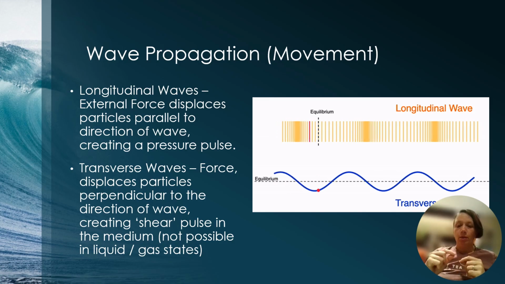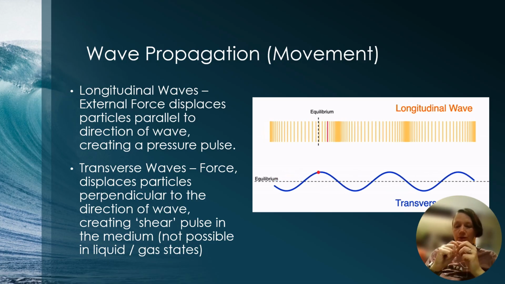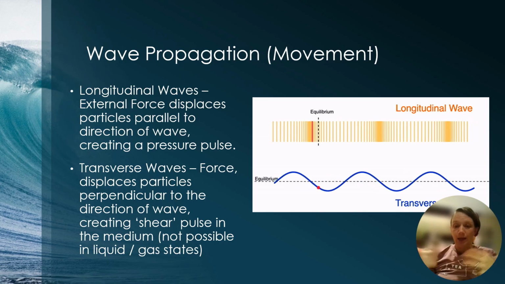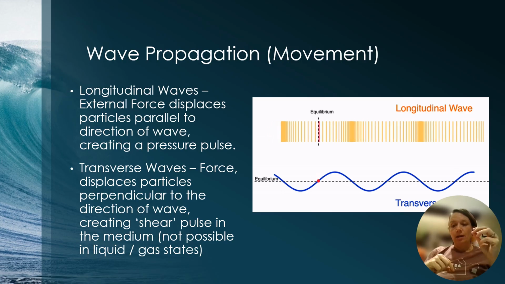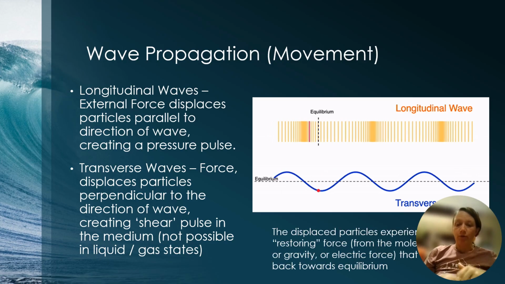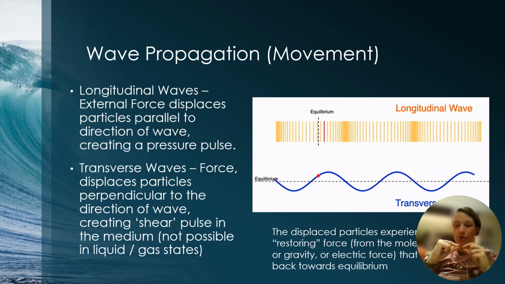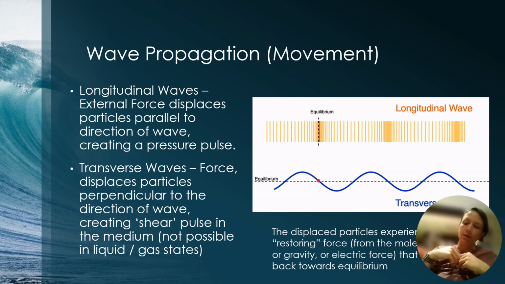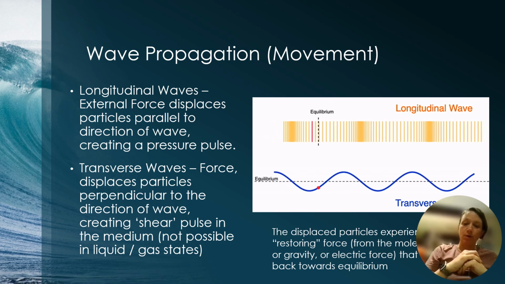Again, when the particle is displaced from its equilibrium position, it sort of stretches the bonds between it and the nearby particles like a spring. And then there is a restoring force that is pulling those bonds back to where they are at their lowest energy state. And that's the thing that basically flings the wave onto the next particle, onto the next particle, onto the next particle.